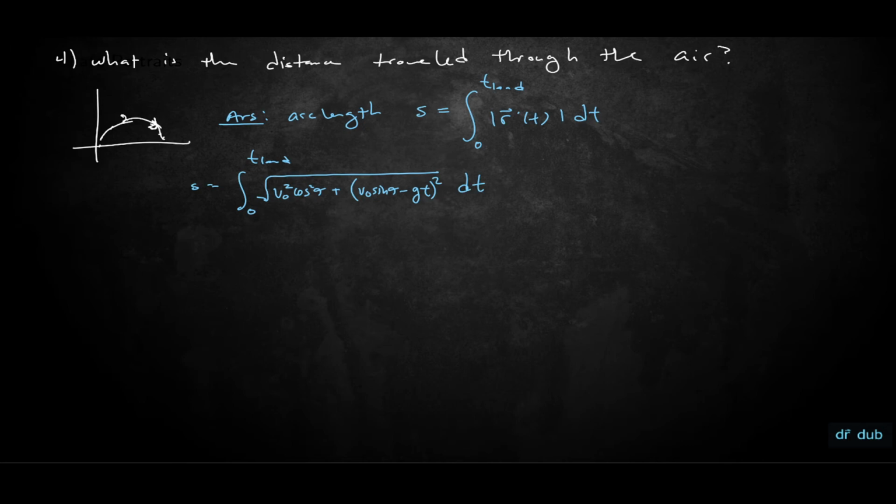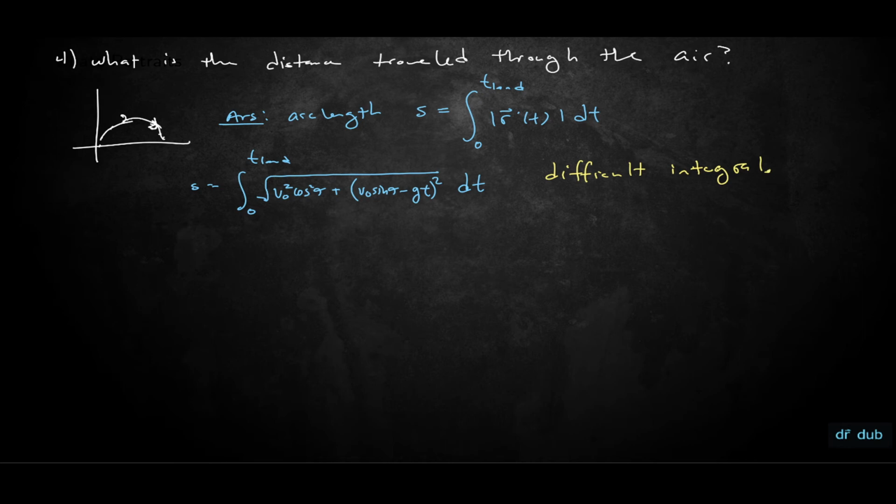And that integral is going to be probably pretty difficult. You might have to do some kind of trig substitution to do it. So we'll leave that to some kind of numerical integration technique probably.